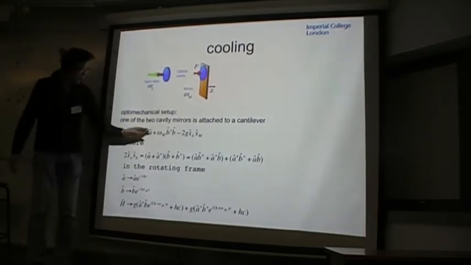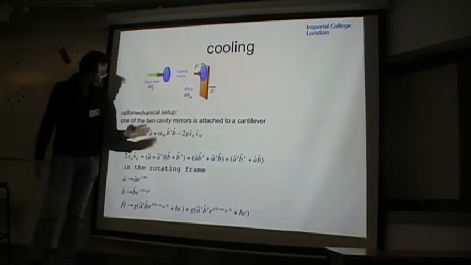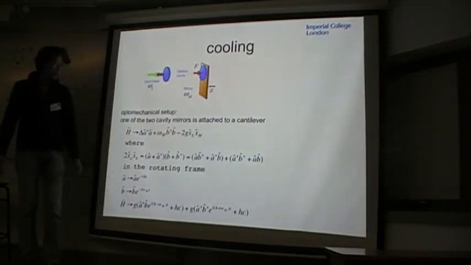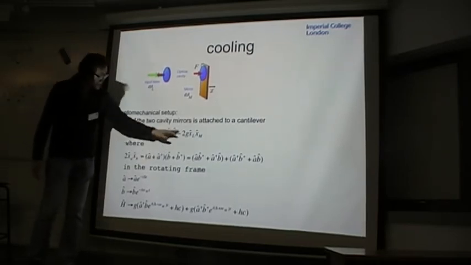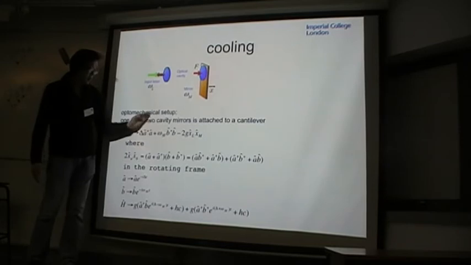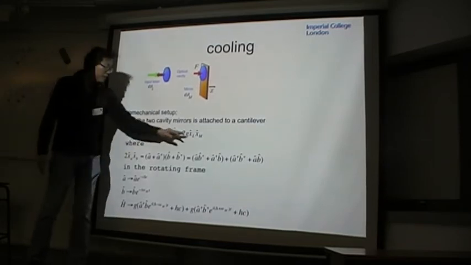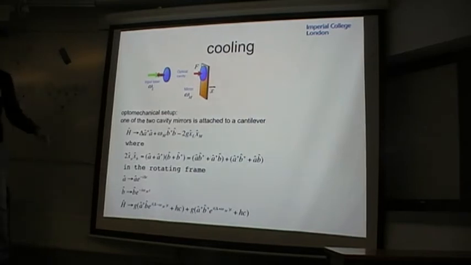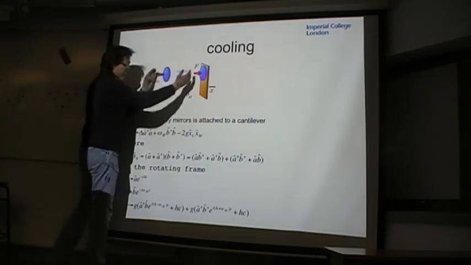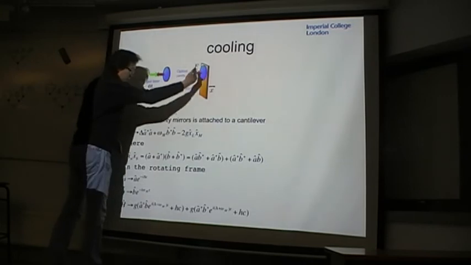There has to be h bar here, but I've taken h bar equals 1 in this Hamiltonian. And that is the mechanical motion, another harmonic oscillator. And that's my interaction between the light field inside the cavity and the mirror motion.